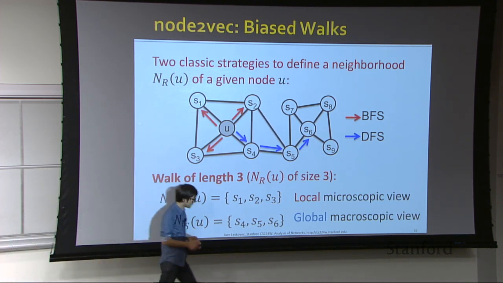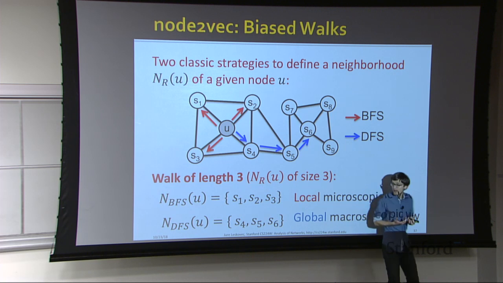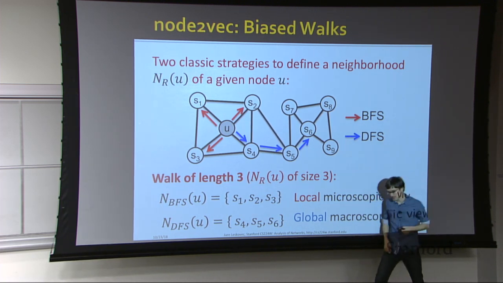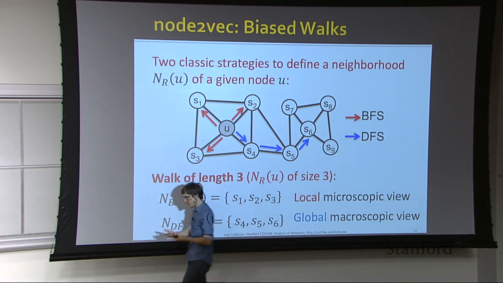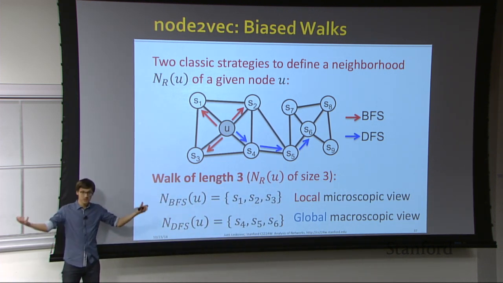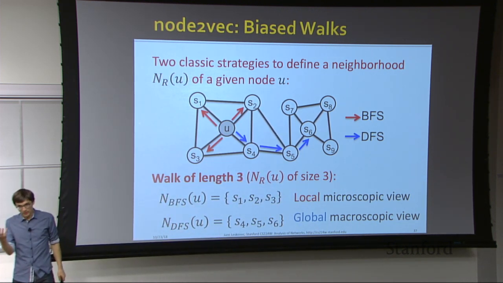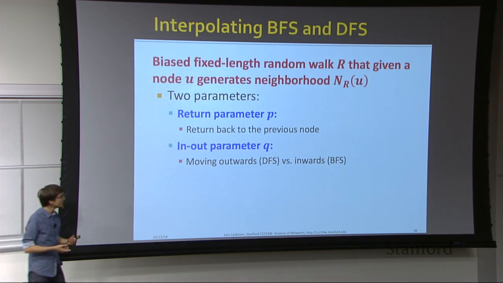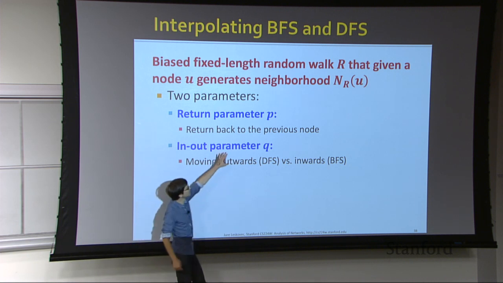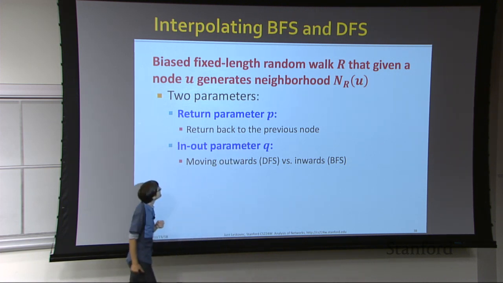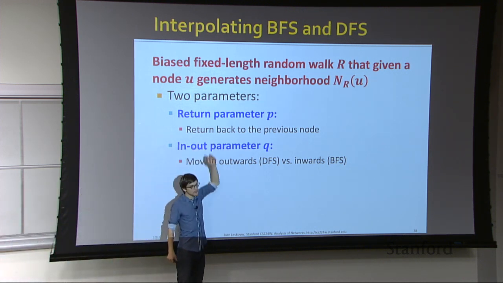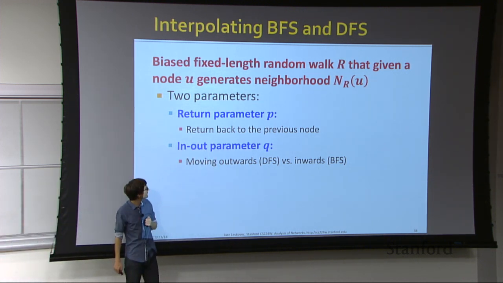So now the question is, how do we interpolate between these two extreme exploration strategies? We want a soft way to interpolate between these two extremes. The way we can do that is to define a second order random walk that has two parameters, P and Q. Parameter P is what we call the return parameter, where we return back to the previous node where we came from.